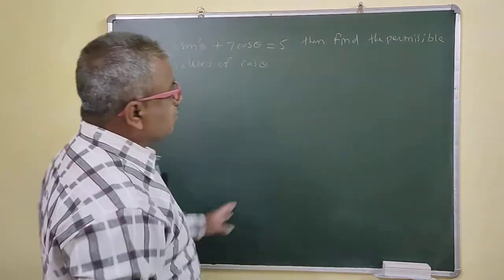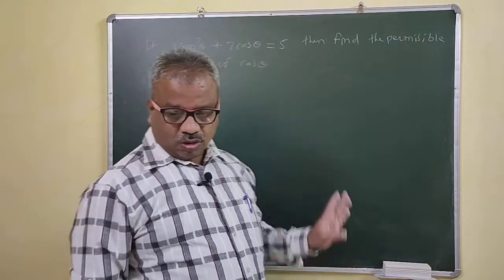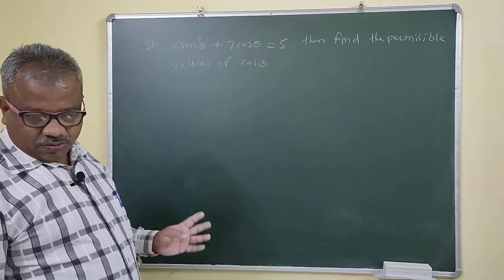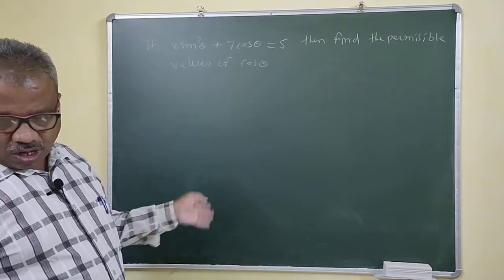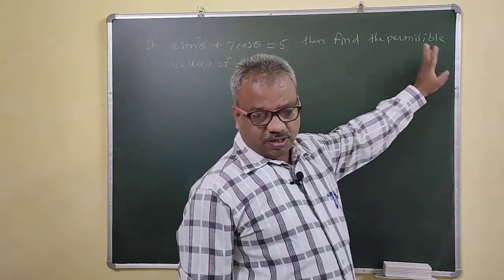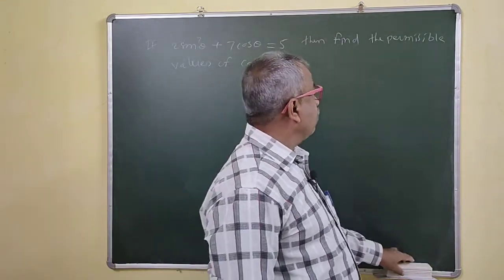So if you don't understand what is meant by permissible value, don't bother about this, right? We'll solve this equation and then we'll see which one is permissible, which one is not permissible. That we'll see later on. So don't take tension for the permissible, right? First solve your problem.